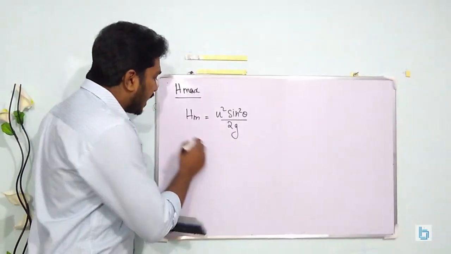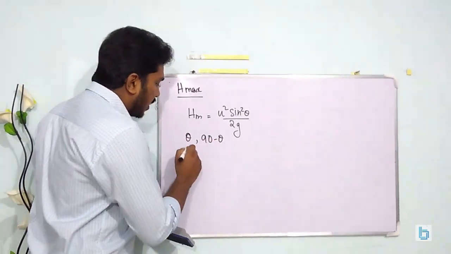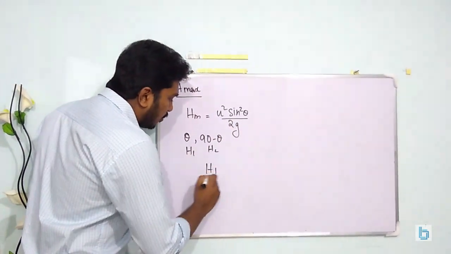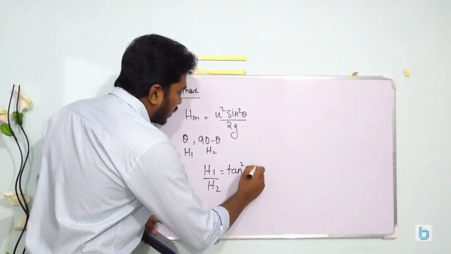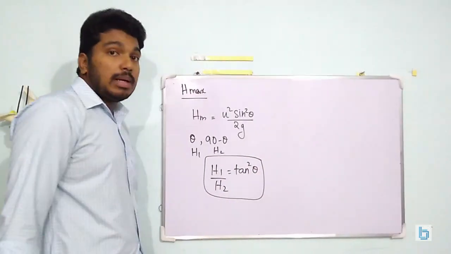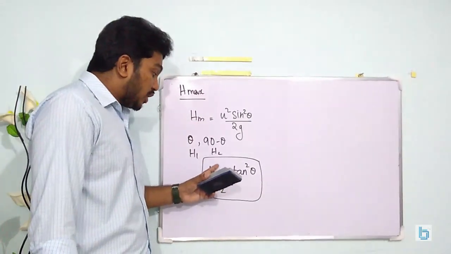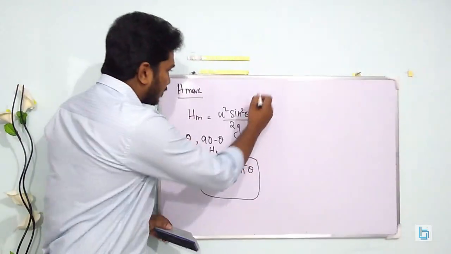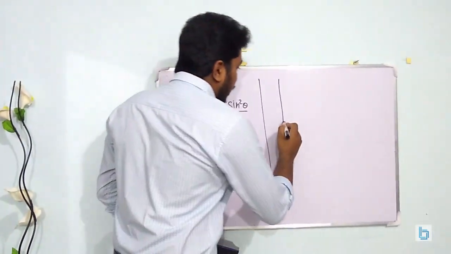So for complementary angles theta and 90 minus theta, taking these as h1 and h2, h1 by h2 will be equal to tan square theta. You can remember this. Another special case you have to remember is, suppose I have a projectile motion like this.